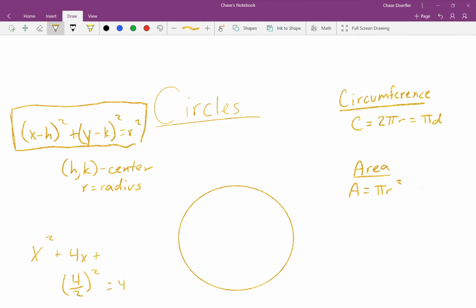So you would add that there and then add that to the other side of the equation. And then there would also be some y stuff over here. I'm just putting those as random values. And that would basically be how you get to the standard form.